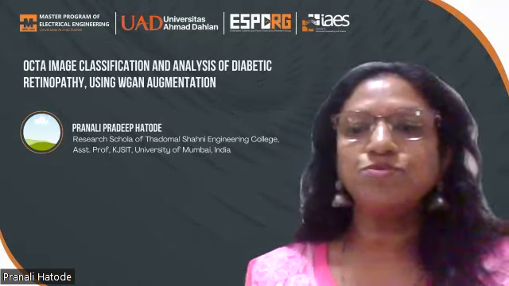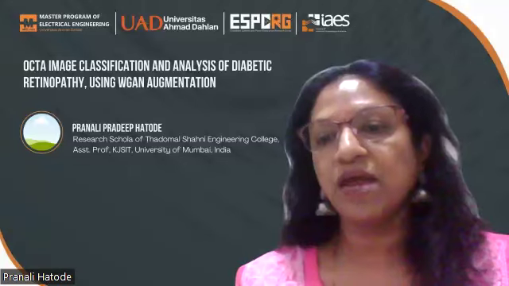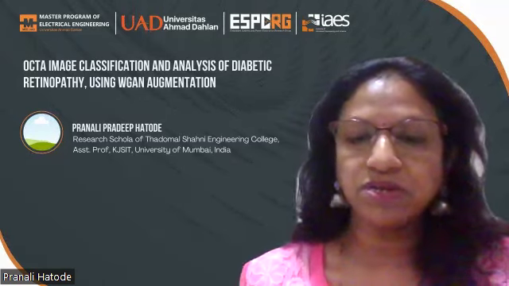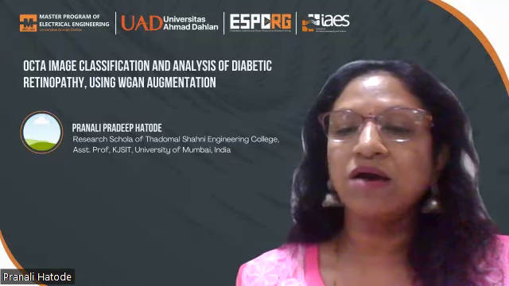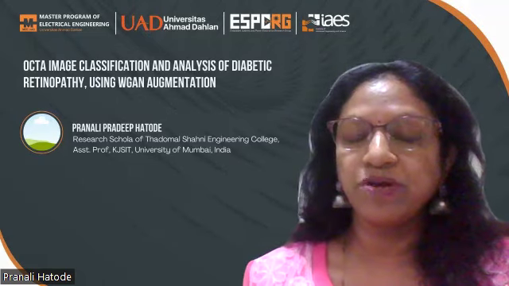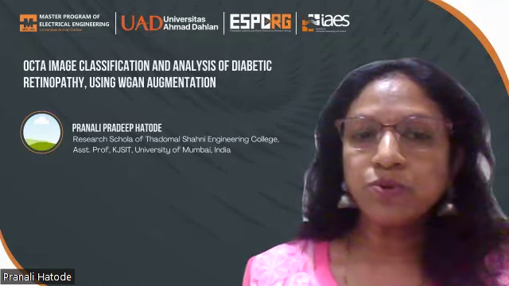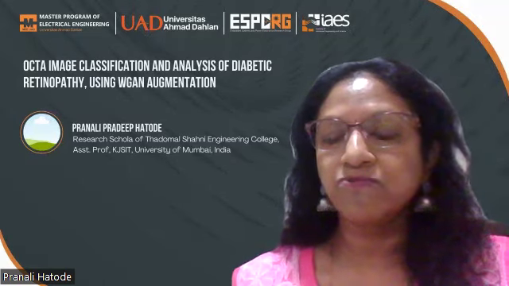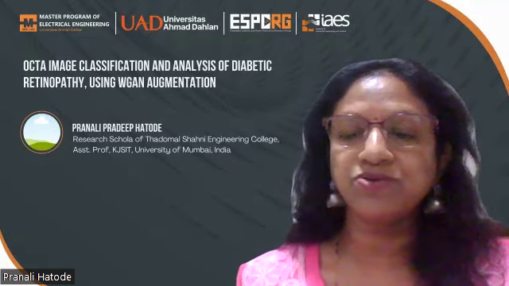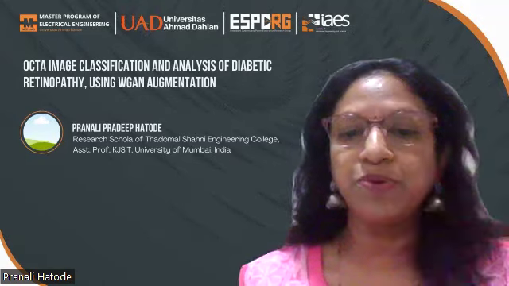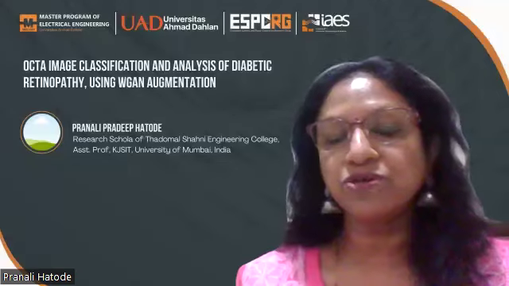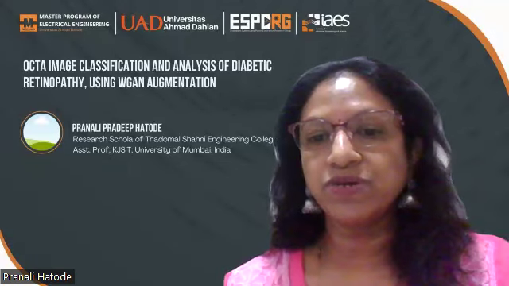There are primarily two types of diabetic retinopathy: NPDR, that is non-proliferative diabetic retinopathy, which is the early stage of diabetes, and PDR, that is proliferative diabetic retinopathy, which is the advanced stage. During its journey from non-proliferative to proliferative, it goes through various stages: mild, moderate, and severe NPDR. This research focuses on the categorization of images into all five categories of the disease.